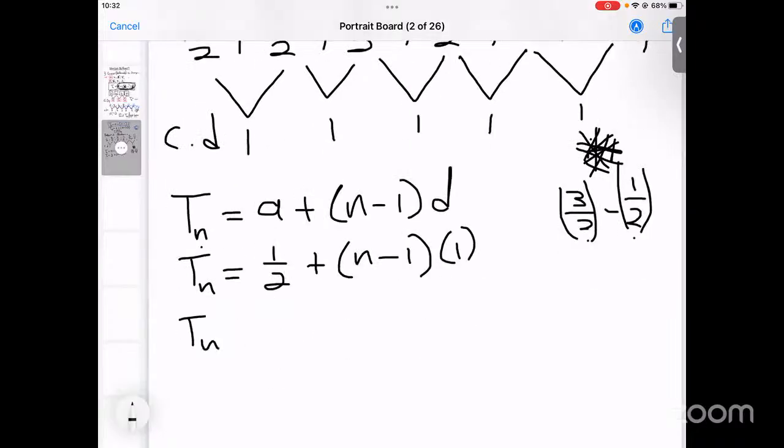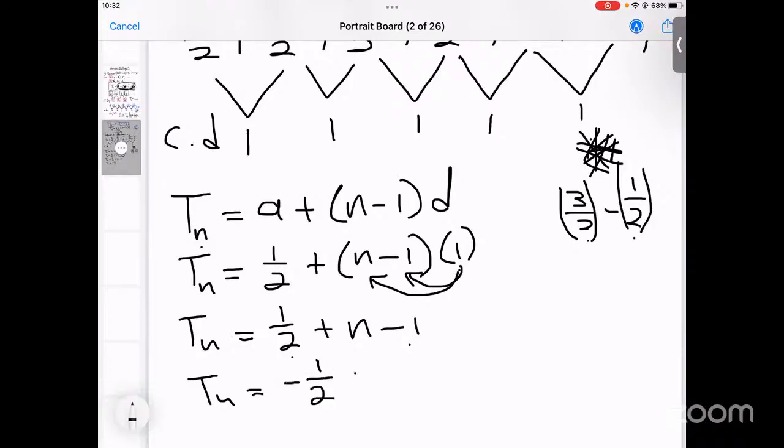Where now you will say Tn is equal to 1 over 2, plus this times that. You see now, multiply that by that. And then you end up having, what is it? This will be plus 1n, and then that will be minus 1. So half minus 1 should give you negative 1 over 2 plus n.